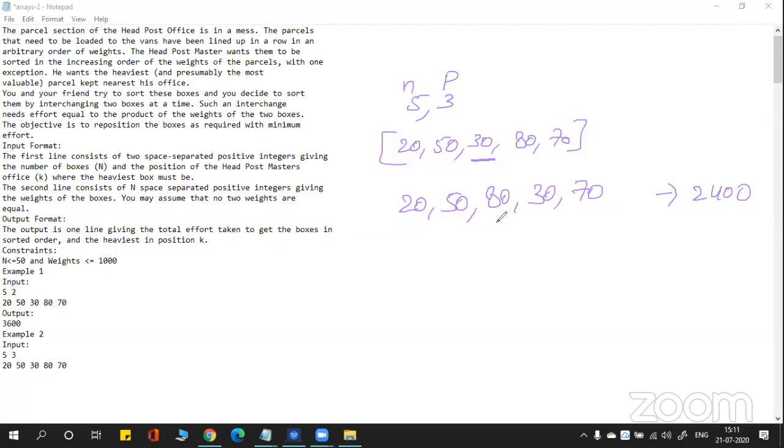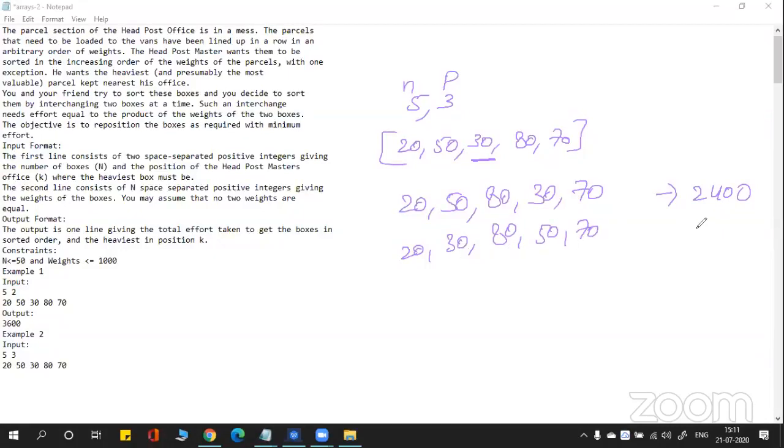And then what? Next, are those in sorted order? No, they are not in sorted order. If they need to be in sorted order, these two should be exchanged: 50 and 30. If I exchange those, I get 20, 30, 80, 50, and 70.